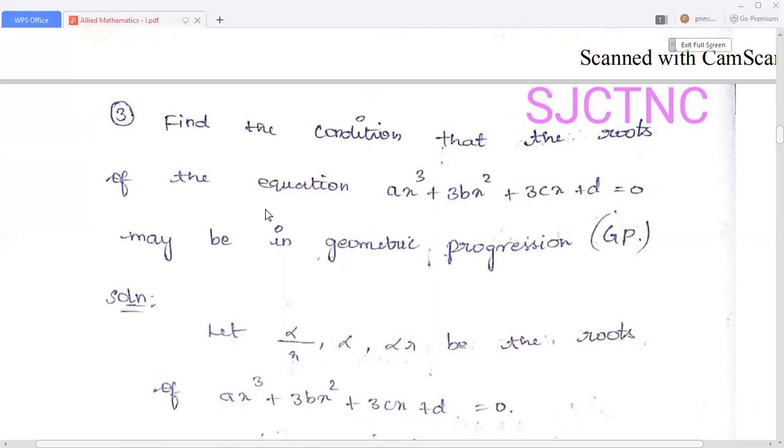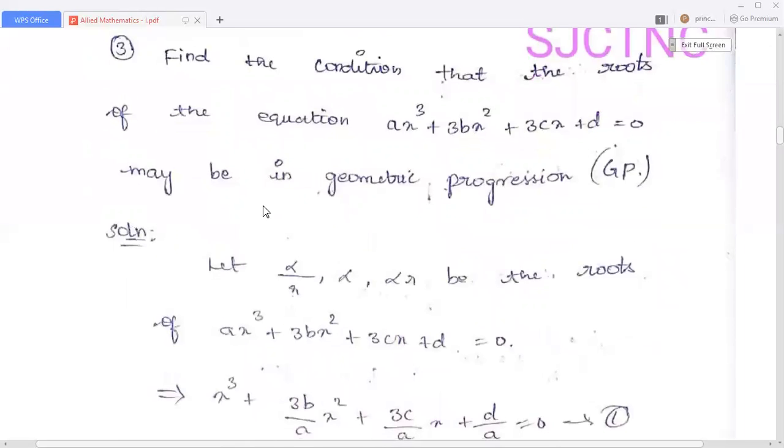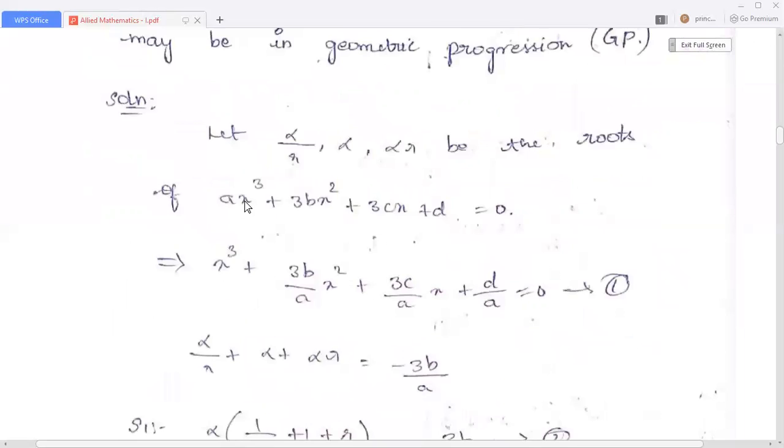Find the condition that the roots of the equation a x cube plus 3b x square plus 3c x plus d equal to 0 may be in a geometric progression. Solution. Let alpha by r, alpha, alpha r be the roots of a x cube plus 3b x square plus 3c x plus d equal to 0.